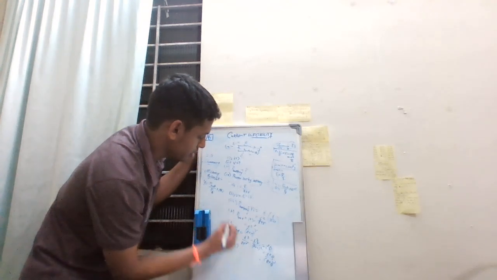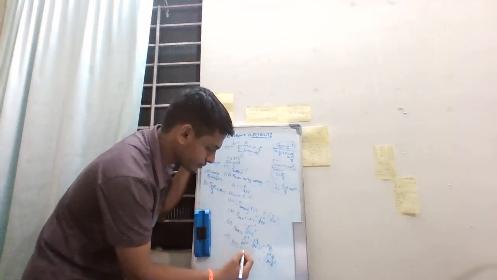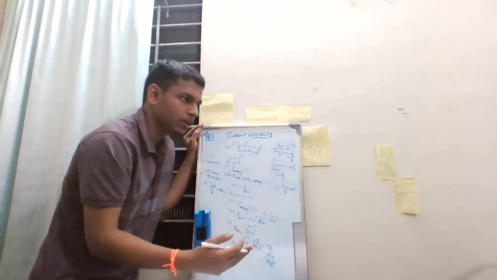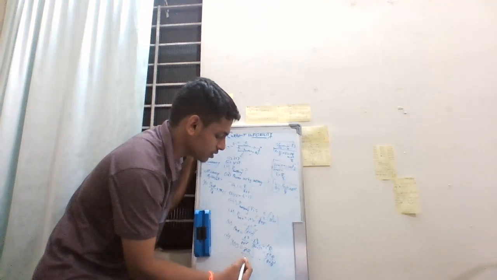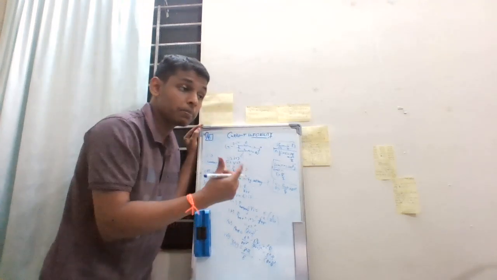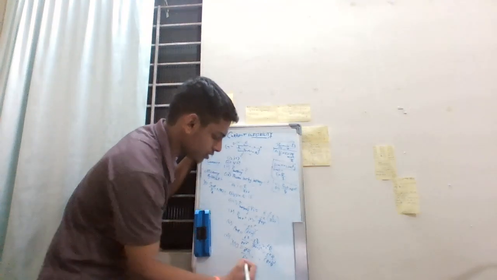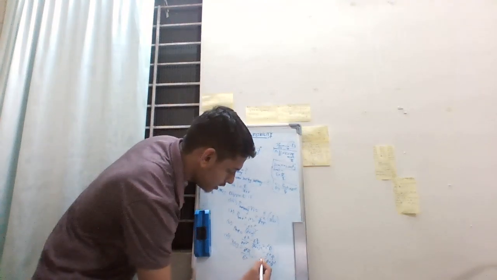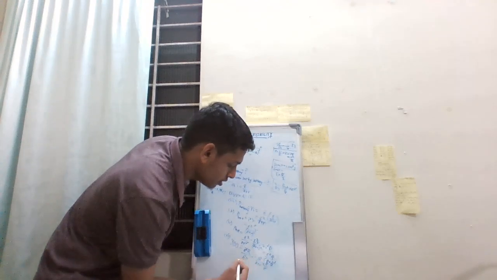Eta percent is equal to, here P out is I squared R divided by how much it has consumed. How much only the battery has consumed is E into I. I cancels, and it would be E by R plus r into R by E. E cancels.